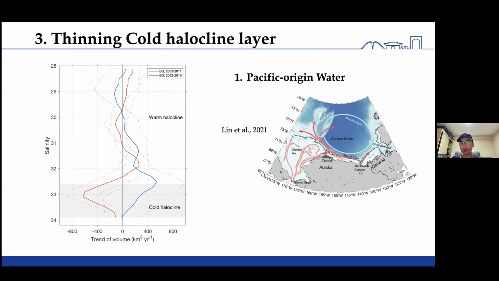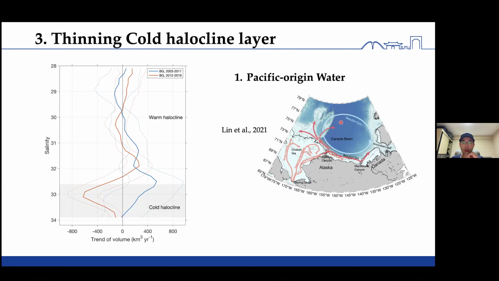And once it gets off the Barrow Canyon, a small portion of the Pacific water turns to the east and joins the Shelf-break Jet, and the majority of the Pacific water turns to the west and joins the slope current. So they all have a chance to get into the Beaufort Gyre.